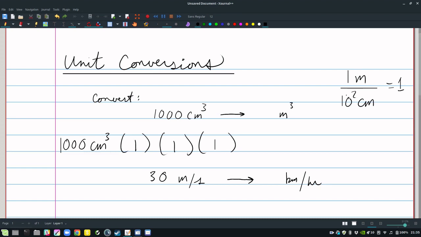If you divide a meter by 100 centimeters, that's like saying a divided by a or x divided by x. That should be 1. And so we're going to replace these three instances of 1 with 1 meter over 100 centimeters, with meters and centimeters on the top and bottom respectively.